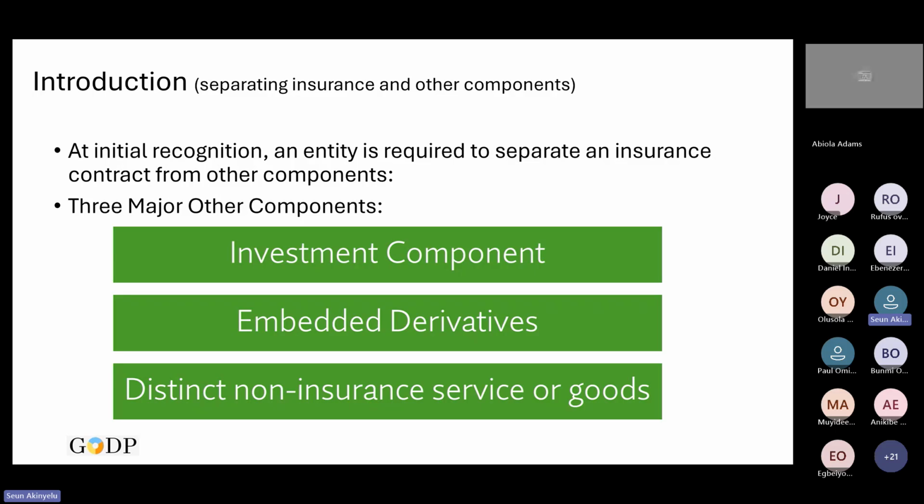In a situation where you have that, the standard will require that you actually break them apart. But you only need to break them if some particular things subsist. So let us look at a couple.